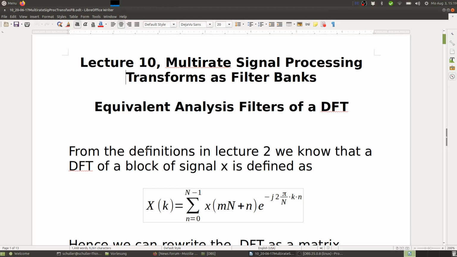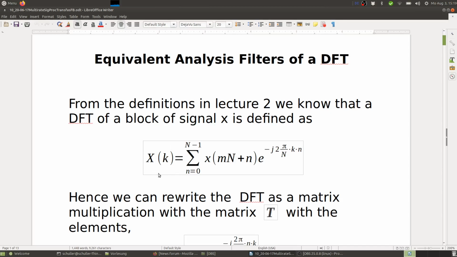From our early definitions in lecture 2, we know that a DFT of a block of a signal x is defined as this equation here. So X of subband index k is the sum over the block of the signal multiplied by this transform kernel, the exponential function e to the minus j 2 pi over capital N times k times n.